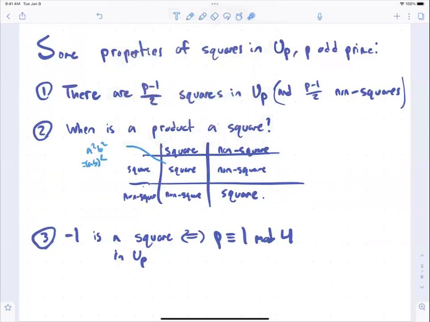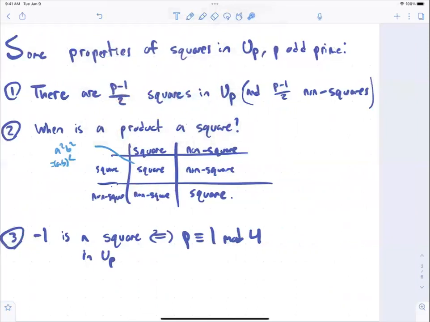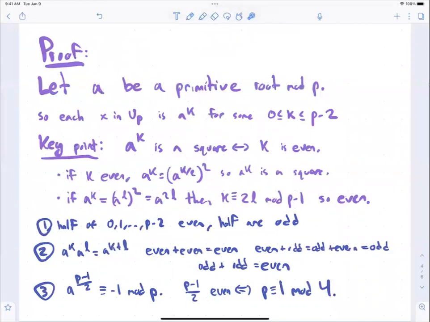Okay, so we can actually justify all three of these facts basically at the same time using one simple observation. The key thing is that we know there's a primitive root mod p.